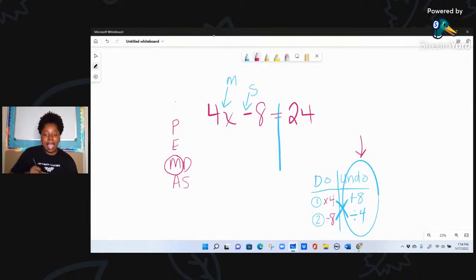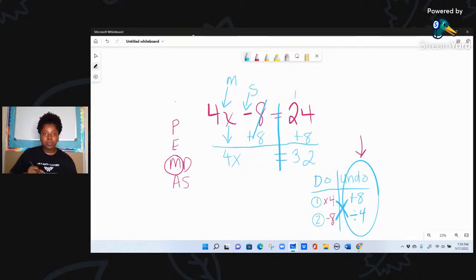So step 1 says add 8 to both sides. Okay, so we have 4x. My 8's cancel out. We're just doing step 1. We haven't done anything to this 4x yet.